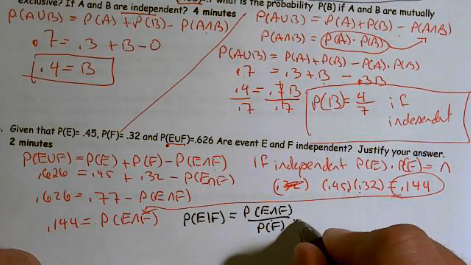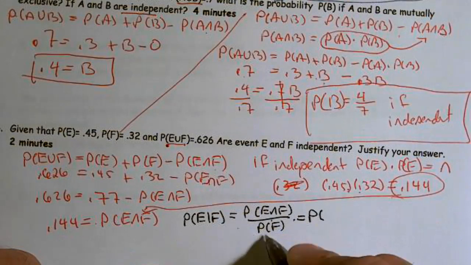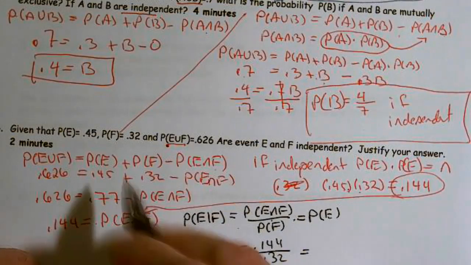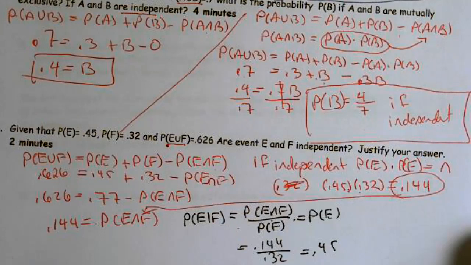And if that's the case, this has to equal the probability of E. So if I take the intersection, 0.144, and divide it by 0.32, it equals 0.45. Therefore, the events are independent. But you have to say, because they're equal, therefore they are independent. If they're not equal, then you have to say they are not equal, therefore they're not independent.